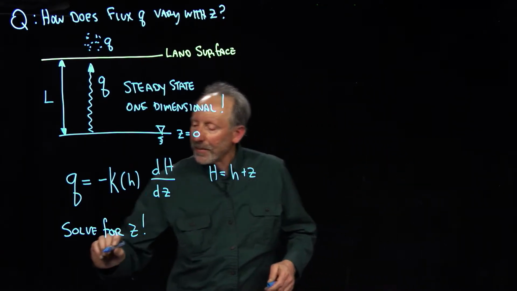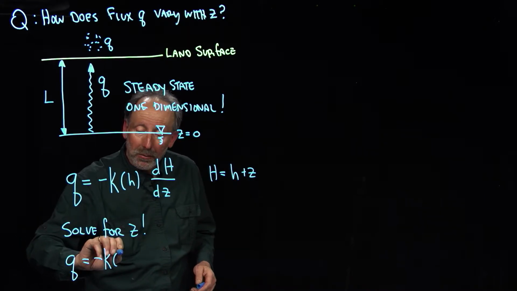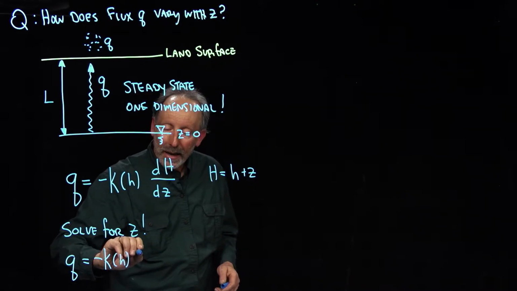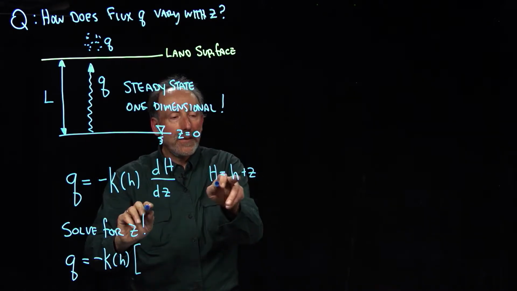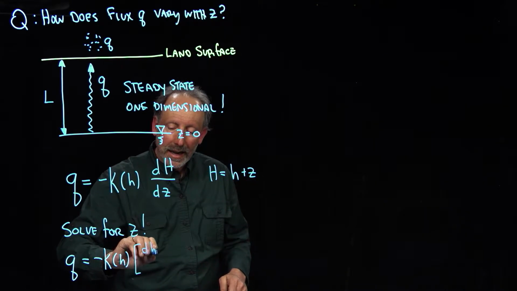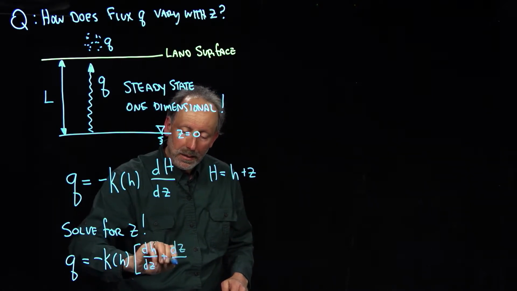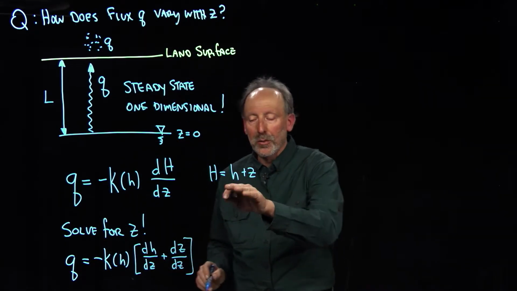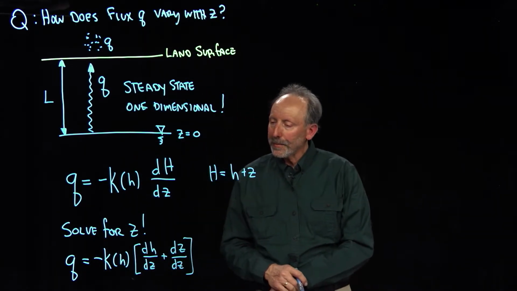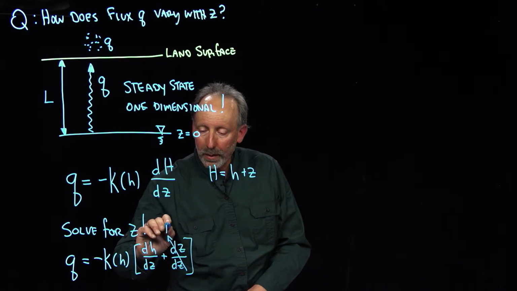So what we're going to say then is that Q is equal to minus K of H, and this is equal to the derivative with respect to z of this, which is going to be dH/dz plus dz/dz. I've just taken the derivative of each of these terms. Well, dz/dz is clearly just equal to 1.